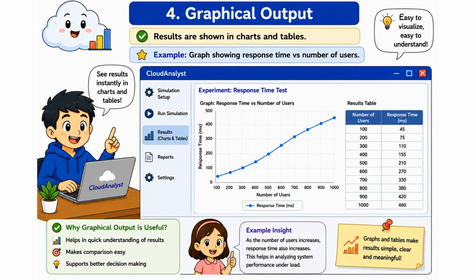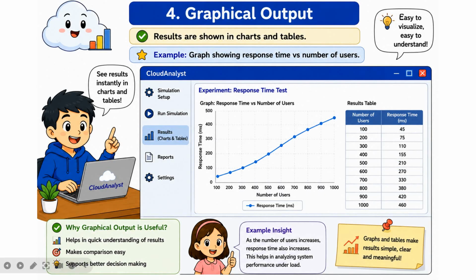Now the last feature is the graphical output, where it displays the simulation results in the form of charts, graphs and tables for easy understanding, and the users can quickly analyze cloud performance, compare values and study system behavior visually. For example, graphs can show response time changes as the number of users increases.